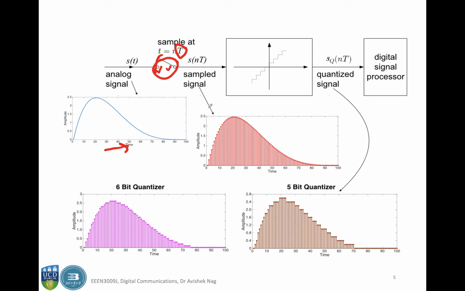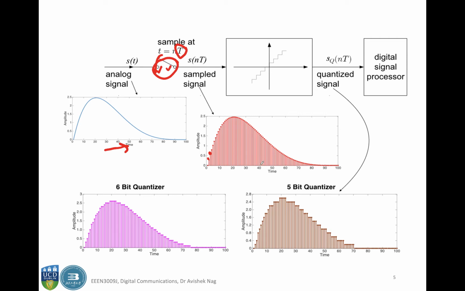So you will get values like this. My switch was closed at a certain point, so this gives me a value here. Then the switch was open for a while, then again it was closed, and this gives me another value here, and so on.